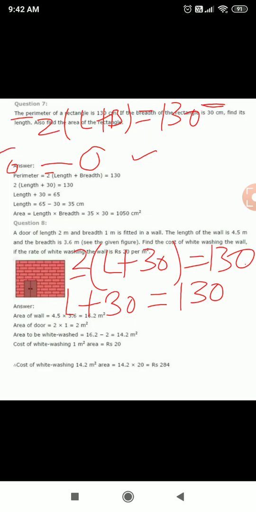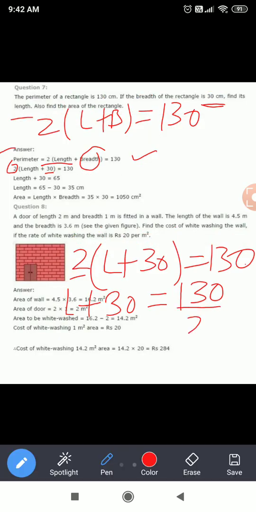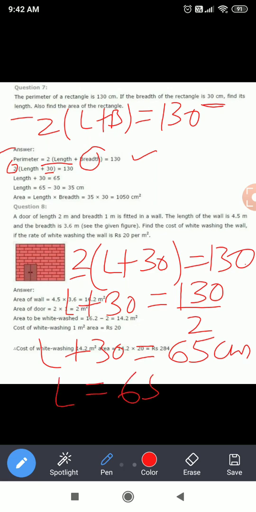Clear? So it will come out to be 65 centimeter. L plus 30 is equal to 65. So L will be equal to 65 minus 30. That will be 35 centimeter. So length will come 35 centimeter after solution.